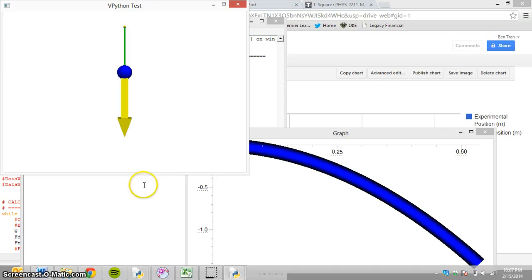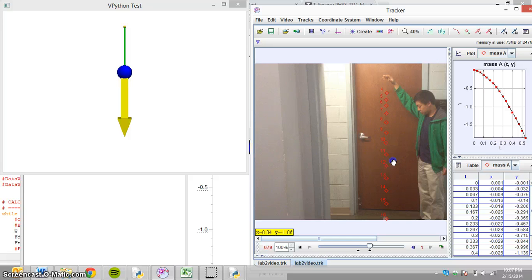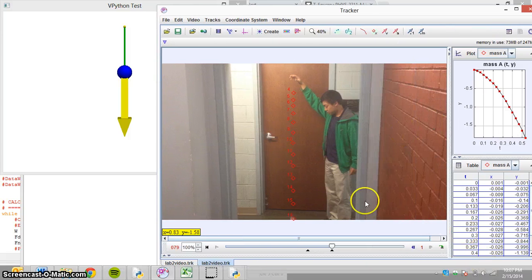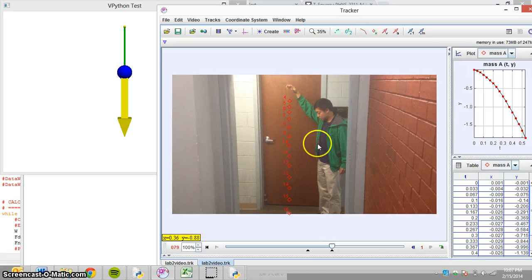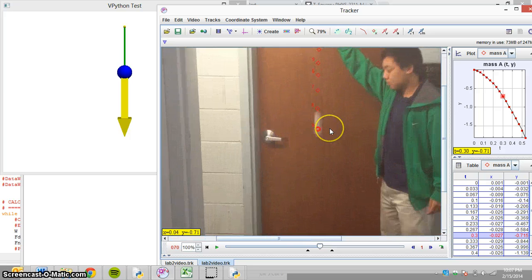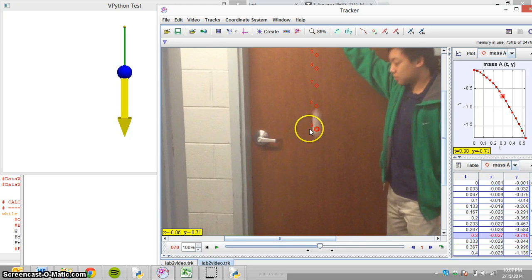There are a couple of possible reasons for the difference in data sets. One, this isn't a perfect angle facing me, and if it's not a perfect angle, it's not a perfect calculation of the data points. Also, when I'm using the tracker functions, it's very blurry as it's falling down because it's falling down so fast.